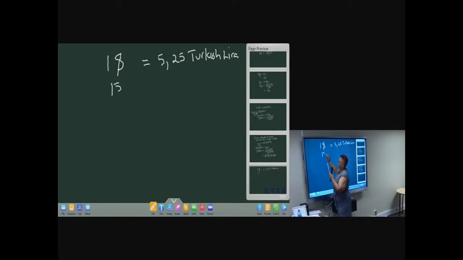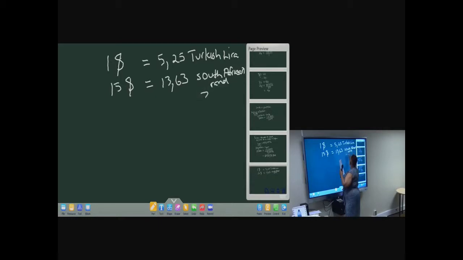Then you have 15 American dollars is equal to 13,63 South African rands. One other way they write South African rands is ZAR. It's representing South African rands.